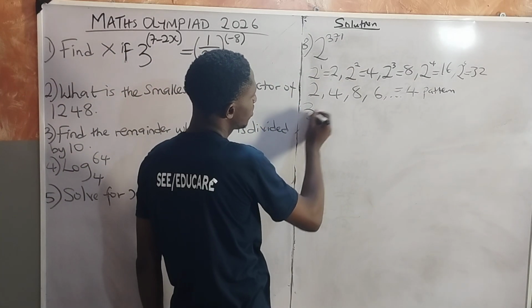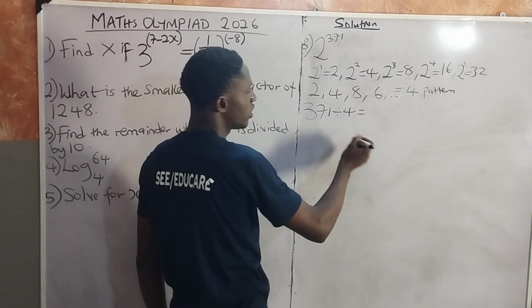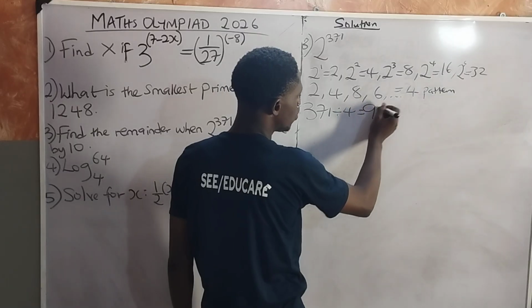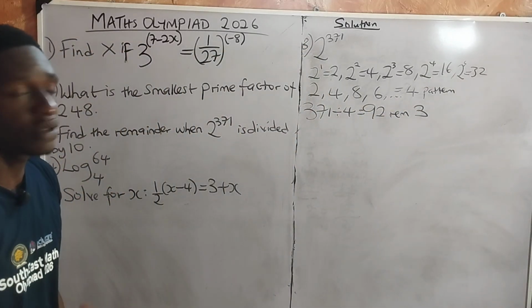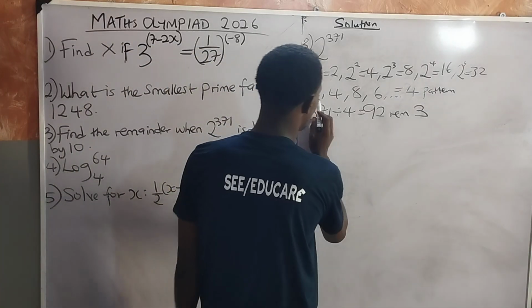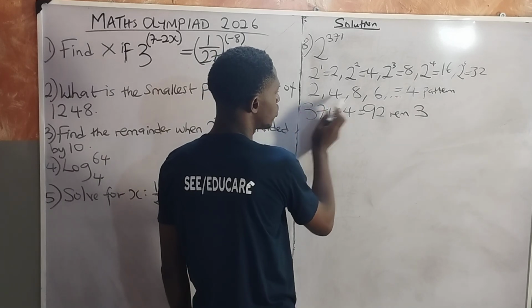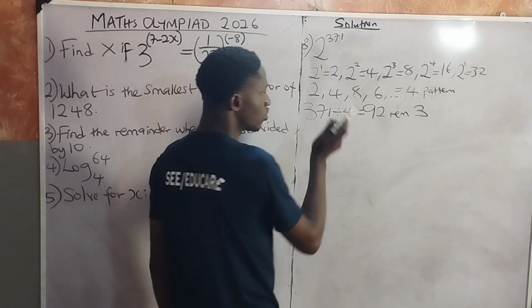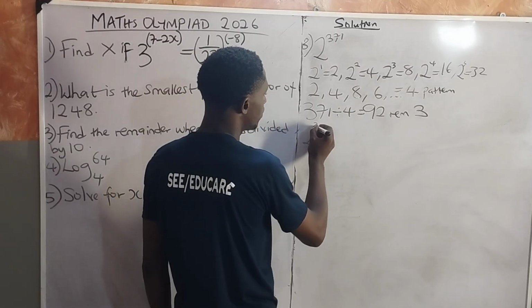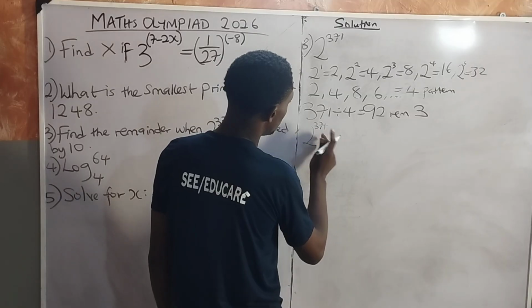So 371 divided by this 4 pattern will give us 92 remainder 3. This remainder means that you start counting from here and pick the third number: 1, 2, 3. So this is 8. Going by this, 2 raised to the power of 371 will give us 8.